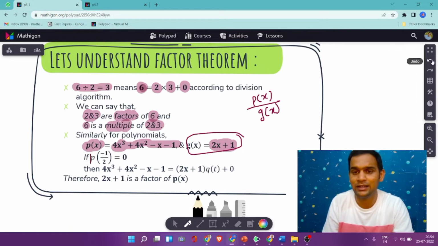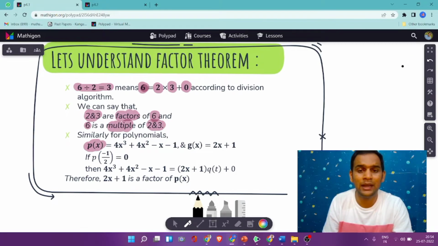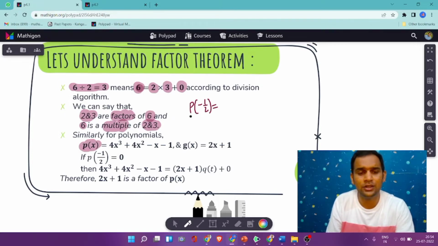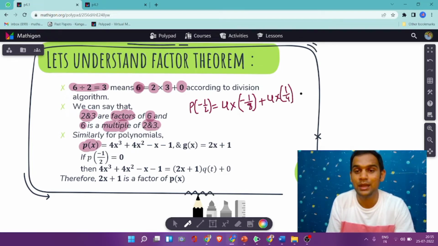Let's quickly verify that so that there is no confusion left. p of minus 1 by 2, when we start calculating, is equal to, instead of x, substituting minus 1 by 2: 4 times minus 1 by 2 to the power 3, which is minus 1 by 8, plus 4 times minus 1 by 2 whole square, which is 1 by 4, minus x, which is minus of minus 1 by 2.